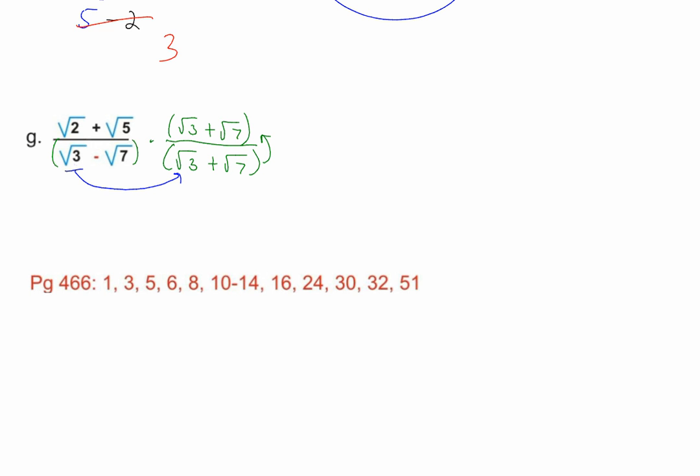Again, I'm always just showing the shortcut because I'm thinking this is a difference of 2 squares. I can do the shortcut. I'll be safe.